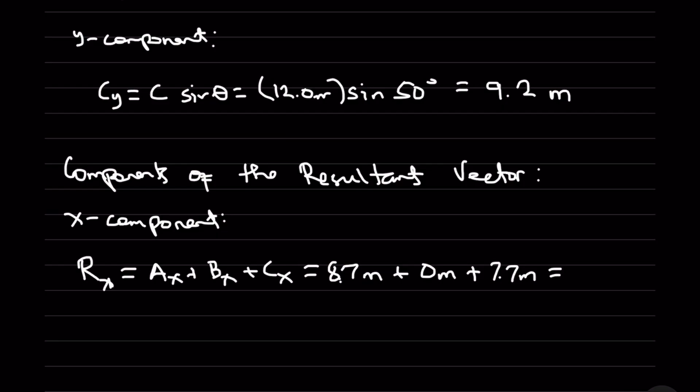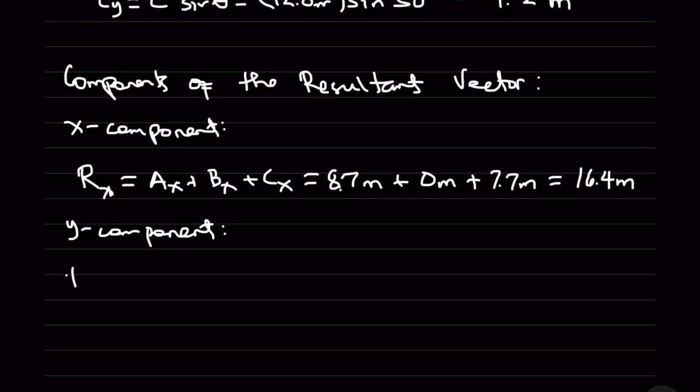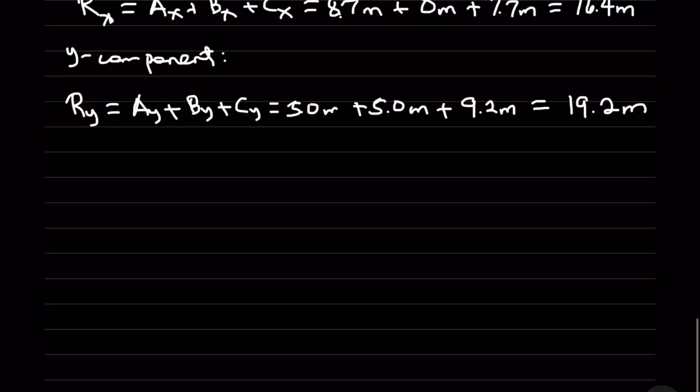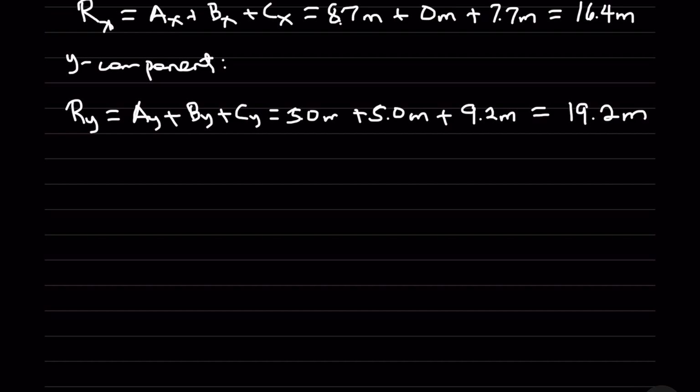So here, the x component of the resultant is equal to Ax plus Bx plus Cx, which is equal to 16.4 meters. For the y component, again, we simply need to add the y components of the three vectors. The result is 19.2 meters.